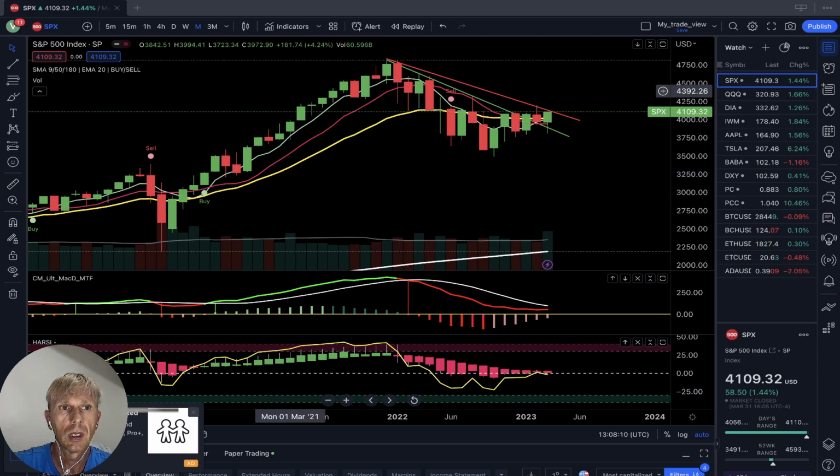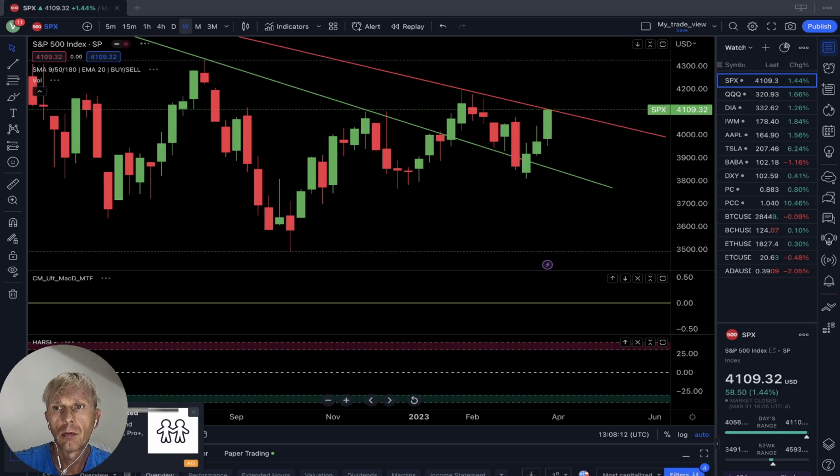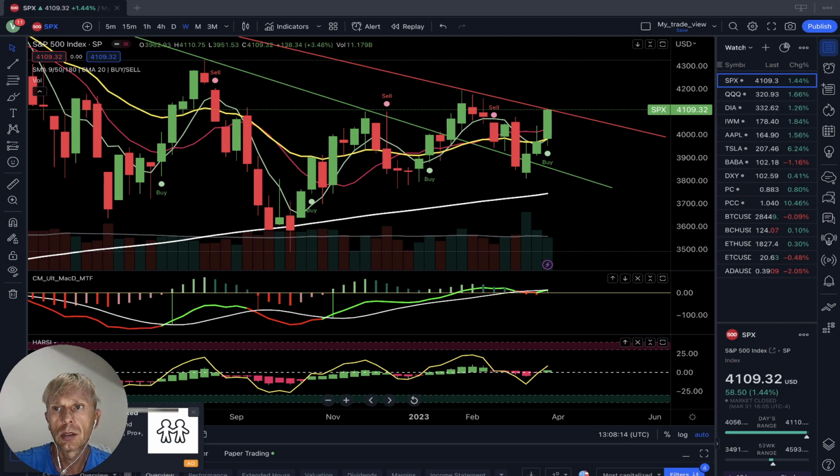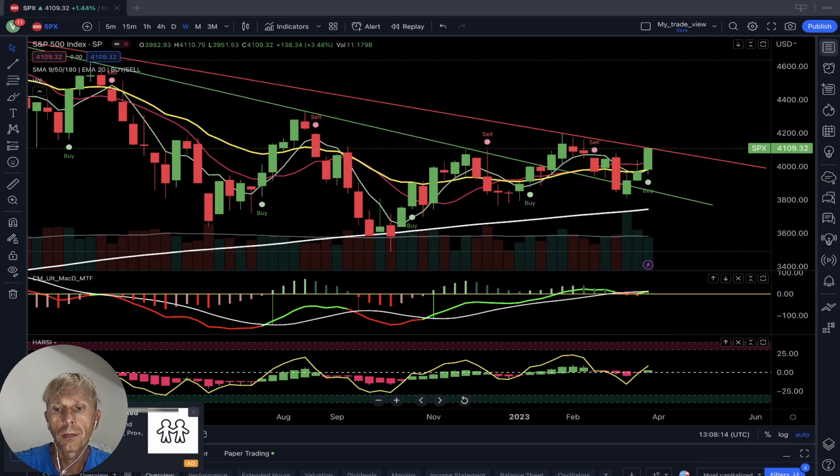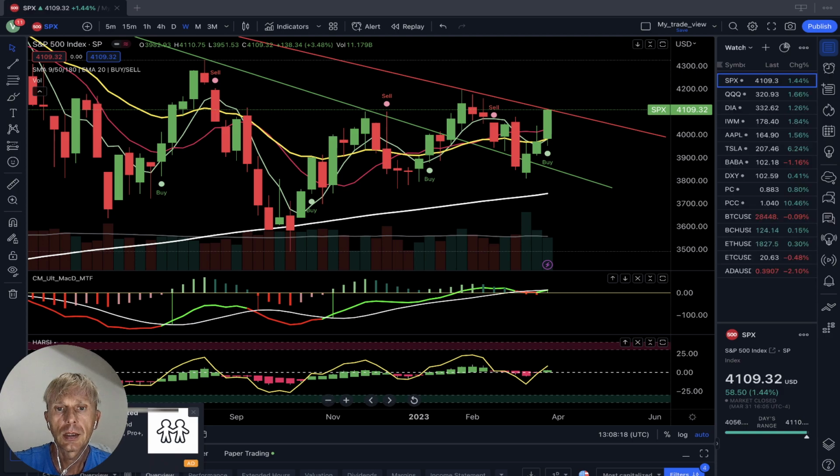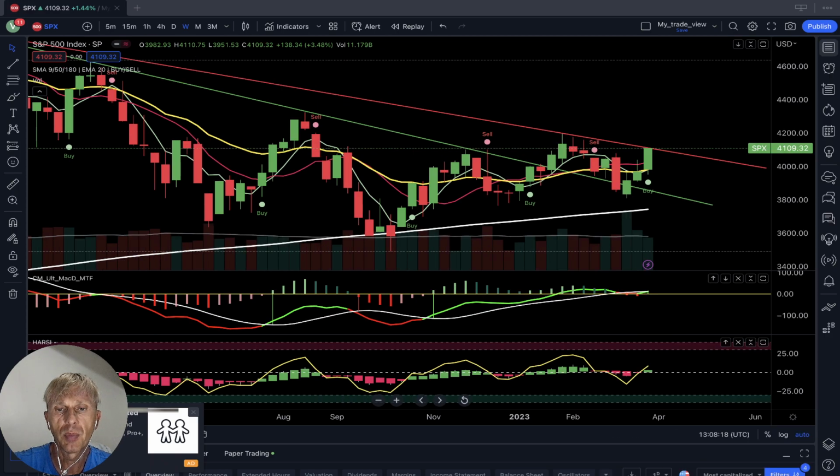Let me briefly mention my setup. Let's see on weekly, SPX weekly. I'm using simple moving averages. White line is SMA 200, red line is SMA 10, green line SMA 5, yellow line EMA 20.